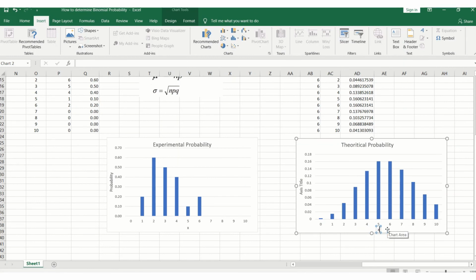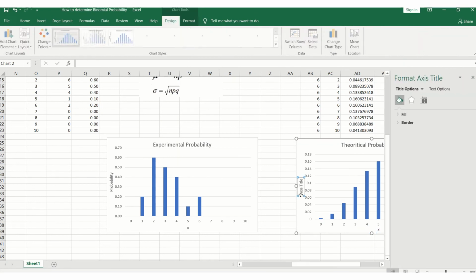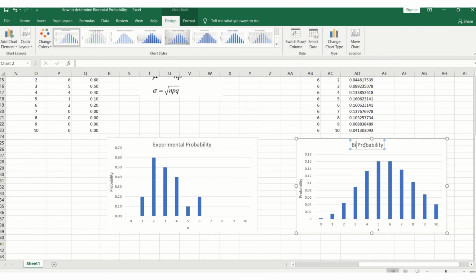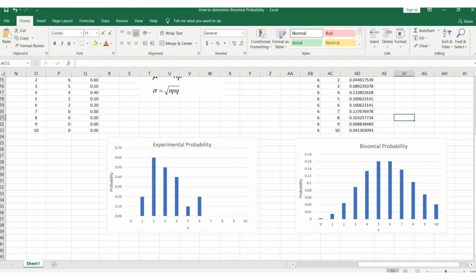This is X. This is the binomial probability. So in this way, by conducting the experiment, we will first see the experimental probability and then compare it with the binomial probability. So thank you for listening.